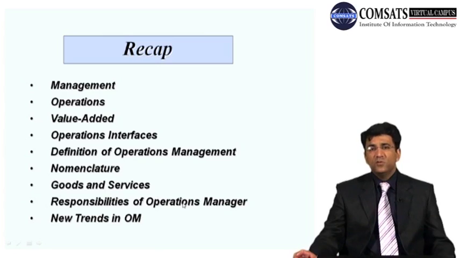Then students, we also differentiated between goods and services, and I told you that goods are always tangible and services are mostly intangible. Goods can be stored, but services cannot be inventoried. So we discussed some other differences also between goods and services.